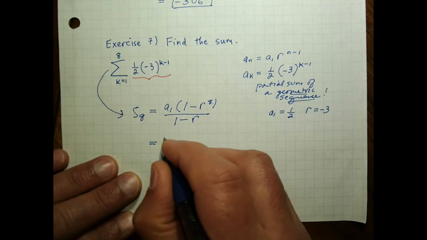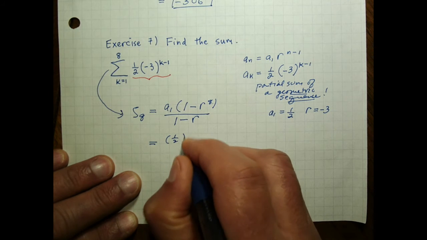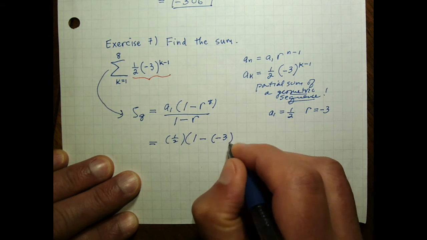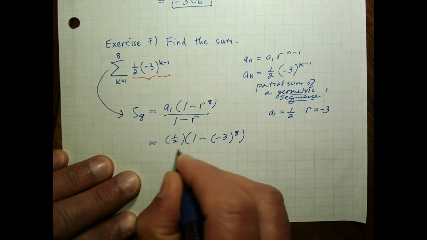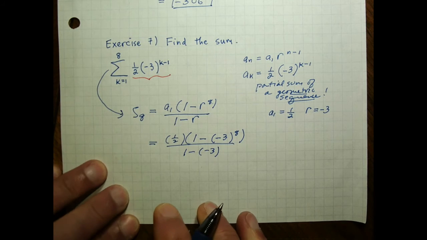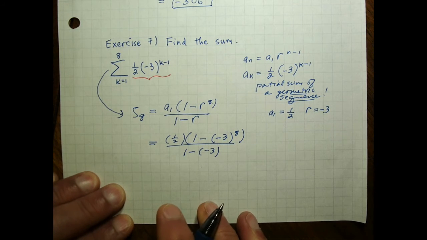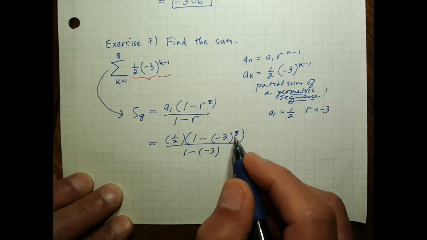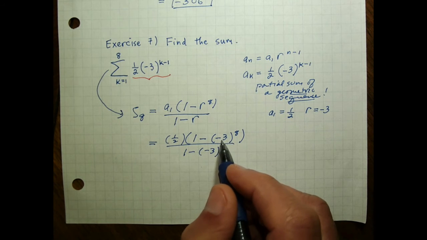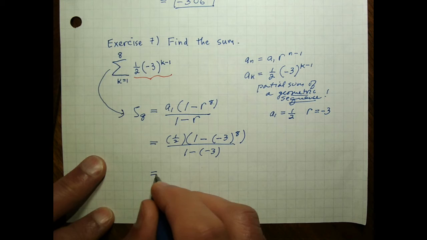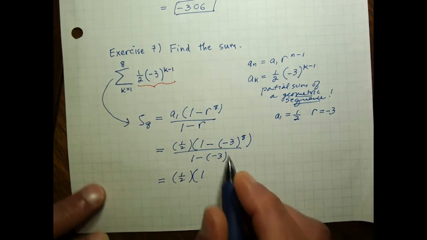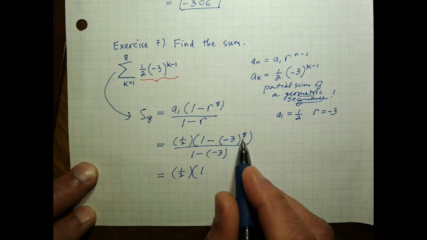A1 is 1/2 here, times 1 minus negative 3 to the 8th power over 1 minus a negative 3. Now, negative 3 to the 8th: there's a negative number to an even power, so that minus sign is going to get absorbed, right?